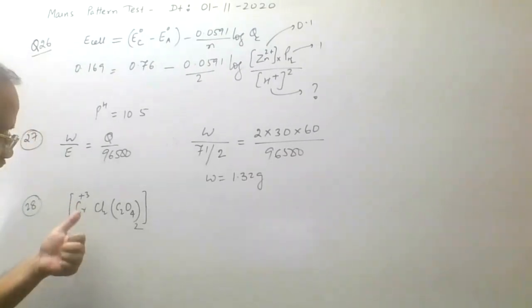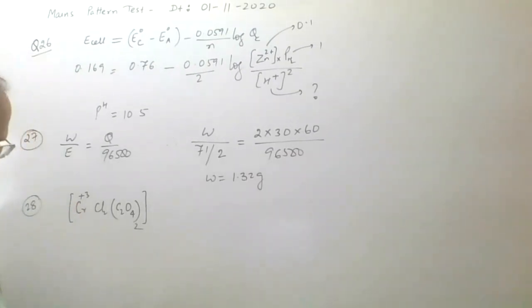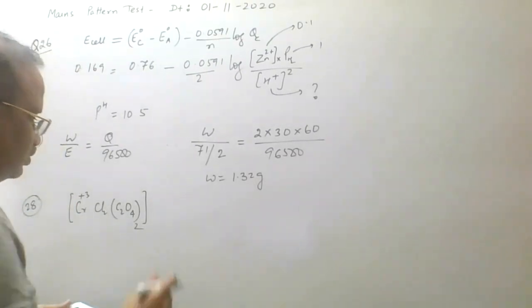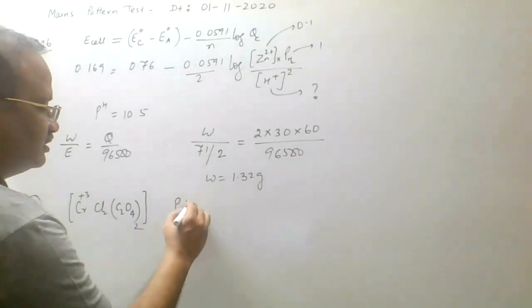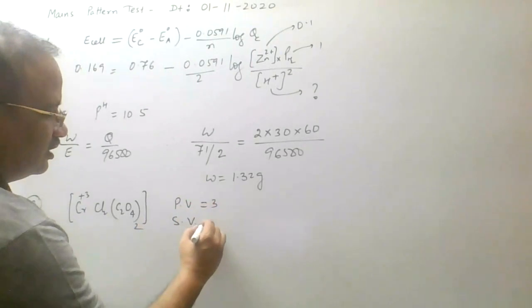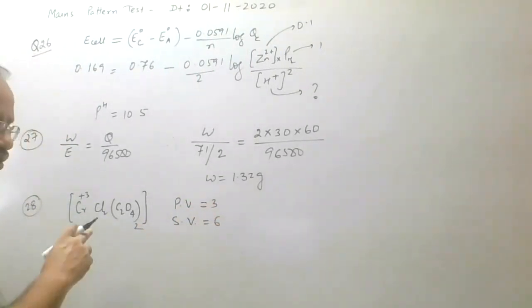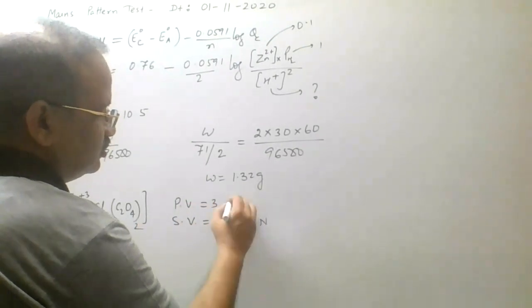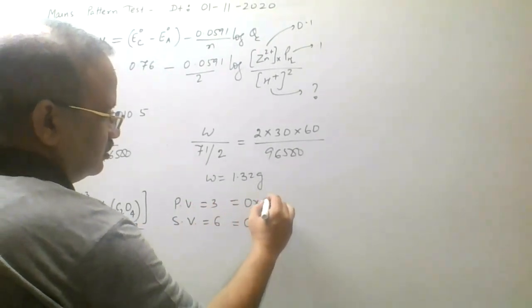The oxidation state of the central metal is called the primary valency, and the coordination number is called the secondary valency. So the primary valency will be 3, and the secondary valency will be 6, the coordination number. So the primary valency is equal to the oxidation state, and the secondary valency is equal to the coordination number.